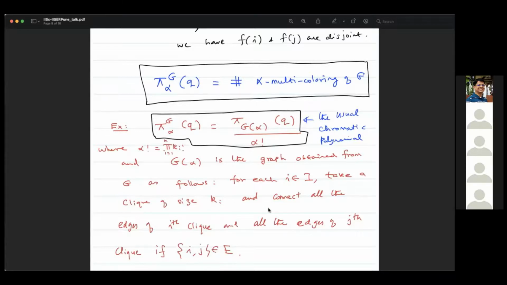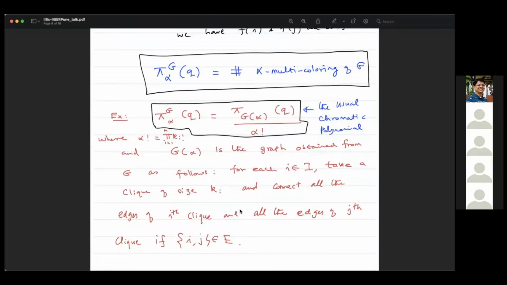Then you connect all the vertices of the ith clique with all the vertices of the jth clique if there is an edge between i and j. It's a kind of connected sum of those two copies. If you take this G of alpha, the graph obtained this way, and look at its usual chromatic polynomial, that will be related to the alpha-multicoloring chromatic polynomial of G. This is easy to prove.